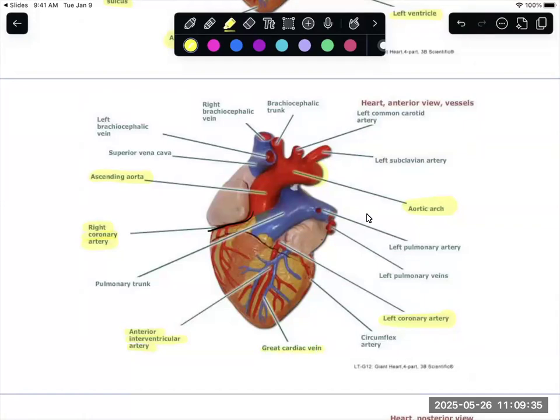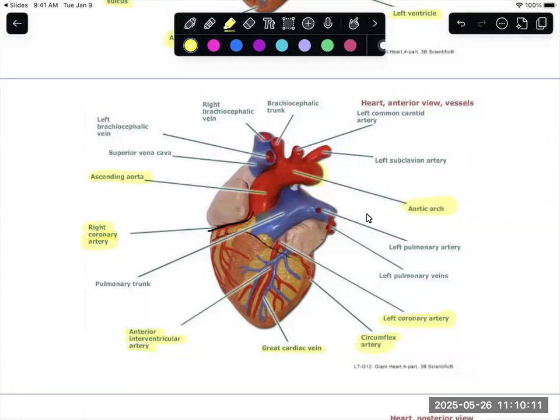That great cardiac vein follows that anterior interventricular artery. We also have a branch of a circumflex artery that's coming off of that left coronary artery. These are those different arteries, again, that are helping to feed the heart. I should point out, most people think red means arteries, blue means veins. That's not always true, especially when we're talking the heart.